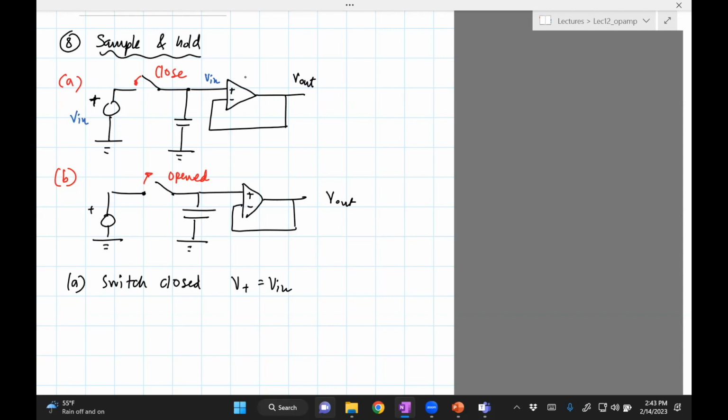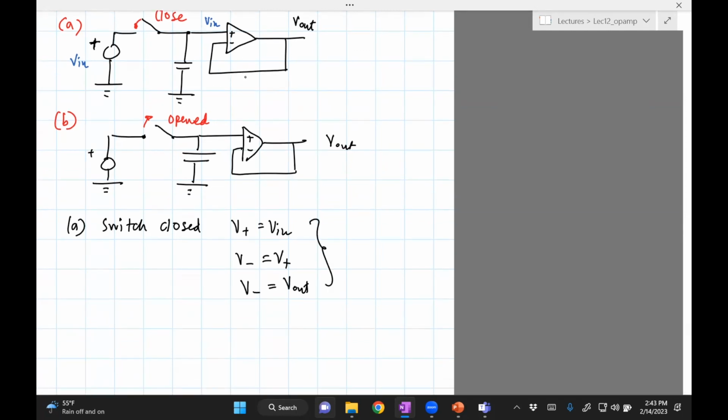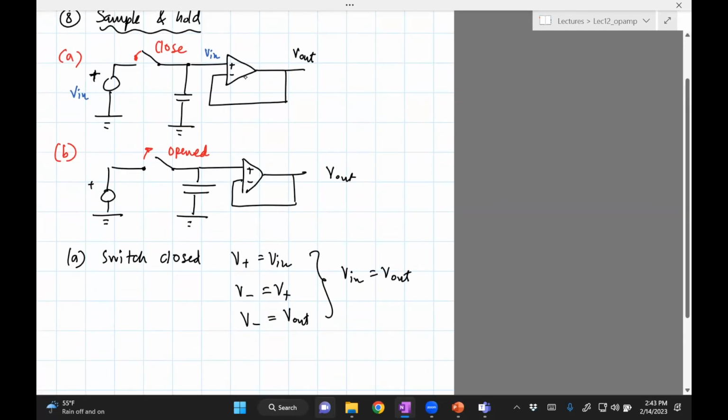And so the voltage at plus should be the input voltage. But we know that V minus is V plus. That's the op-amp assumption. And V minus is connected to V out. So from all these three, we see that V in is V out. This is what they call a follower, that is, the output follows the input. Nothing is new here. We've already seen this circuit before.